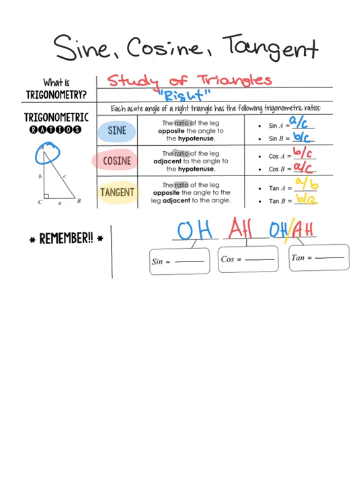Because the sine is the opposite over the hypotenuse, the cosine is the adjacent over the hypotenuse, and the tangent is the opposite over the adjacent. And that is your basic introduction to sine, cosine, and tangent trig ratios.